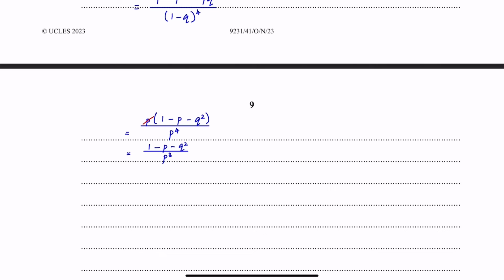So now 1 minus p, we can also change it into q. So we have q minus q squared over 1 minus q cubed. We factorize the q out, we have 1 minus q and 1 minus q cubed.